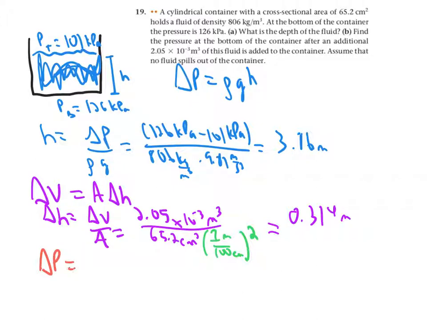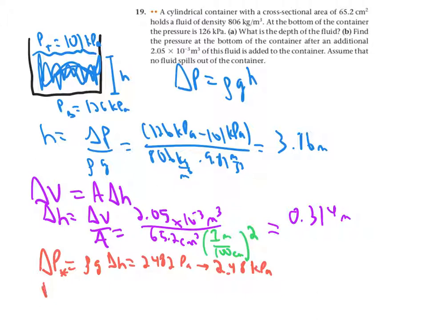And delta P here, call this delta P star, the new extra bit we get, is going to be rho g times that height. If we do all of that, we get 2,482 pascals, which becomes 2.48 kilopascals.